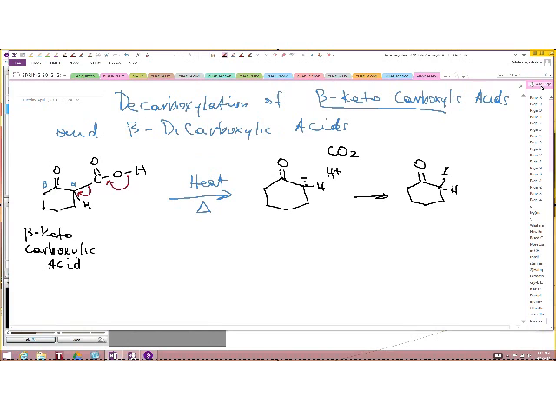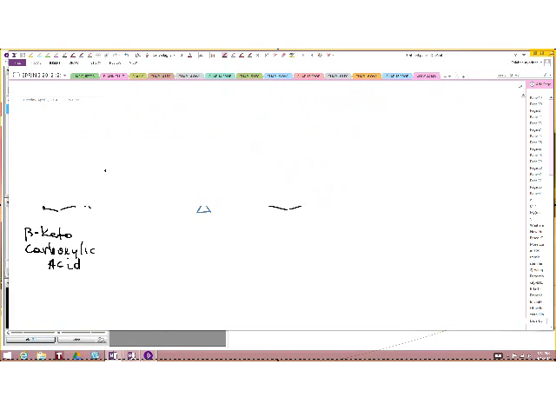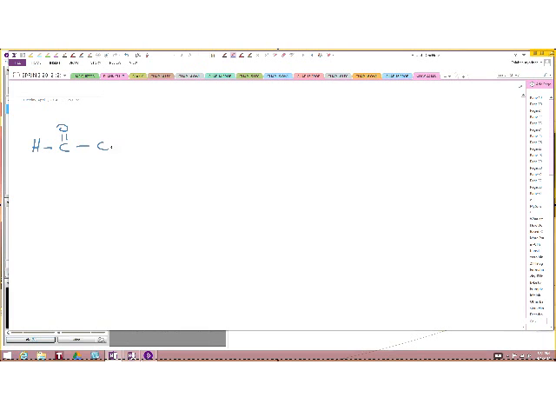Let's give you a couple more examples. We could also do this with an aldehyde, even though we say beta keto acid. Supposing I have this, as long as you have that beta relationship between the carbonyl and the carboxyl group, okay?